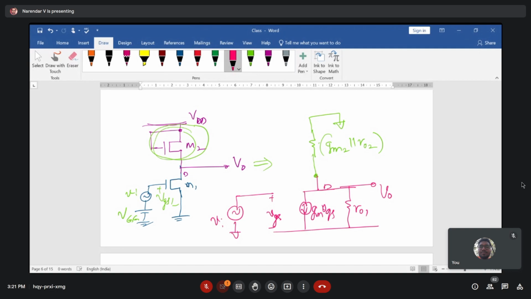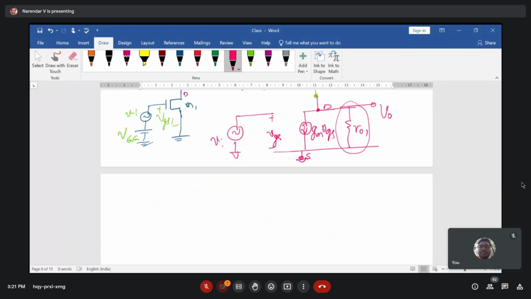So this is the small signal equivalent for this given circuitry, because this is equivalent of this MOS transistor equivalent of GM parallel with R02, and then the first transistor M1 is made as small signal equivalent. Now this resistor is connected between the source and small signal ground, and this is also AC small signal ground. So these two resistors are going to be in parallel.